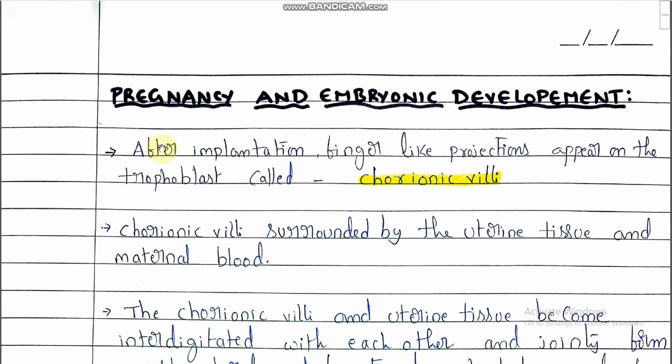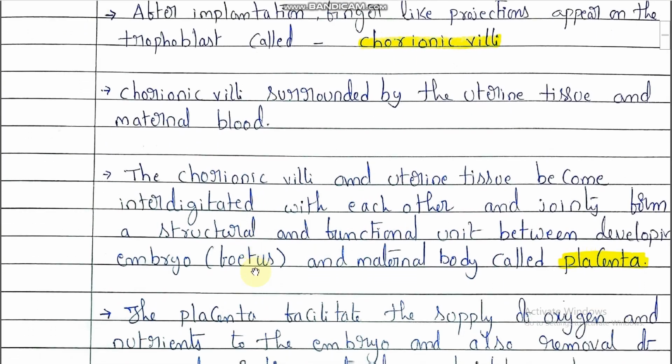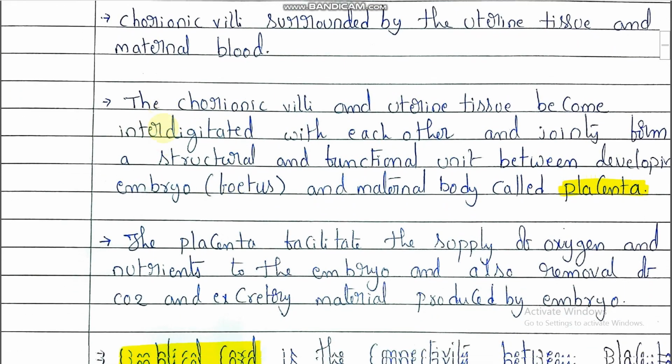So I am repeating again. After implantation, the finger-like projections that appear on the trophoblast are called chorionic villi, right? The chorionic villi are surrounded by the uterine tissue of the mother and the maternal blood. Maternal blood means the mother's blood.